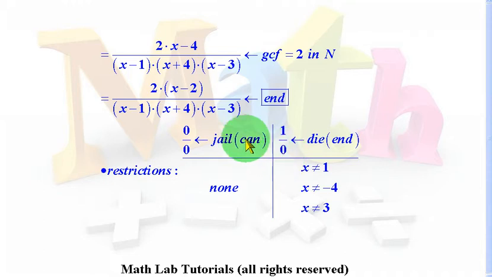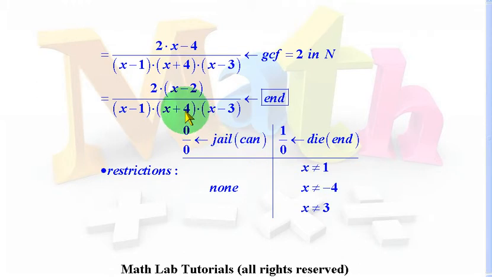So to ensure that this is not equal to 0, you have to ensure that each factor is not equal to 0. And that's why you do not expand. You want to leave it in factored form, because you want to make sure that that's not equal to 0, that's not equal to 0, and that's not equal to 0. So if x minus 1 is not equal to 0, that means x cannot be equal to 1.